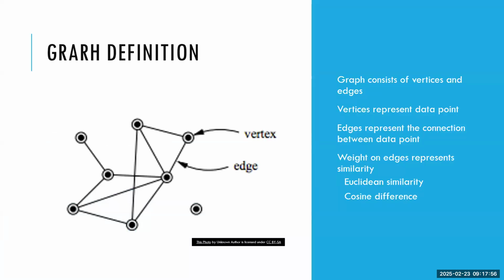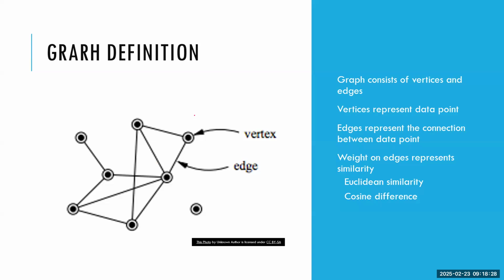So we have something called a graphical method. Instead of creating a model and then just transferring it to get a pseudo label for the rest of the data, we can model our dataset as a graph. In computer science, a graph consists of vertices and edges.